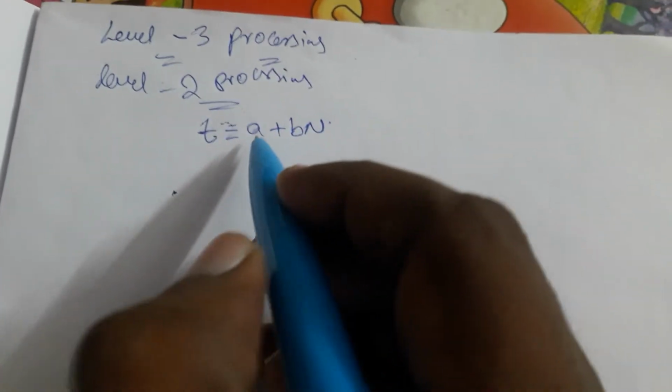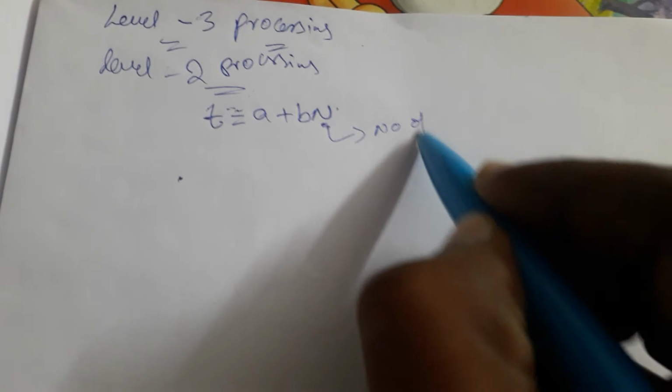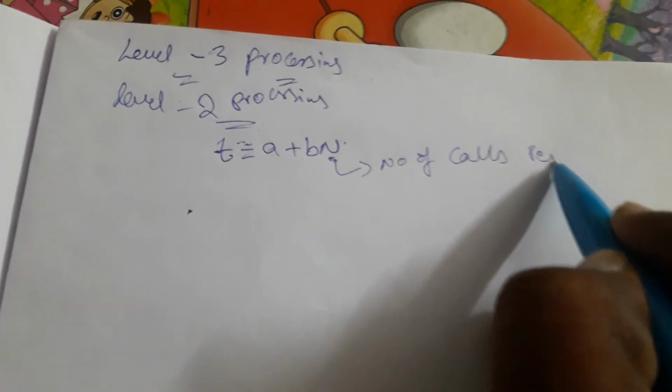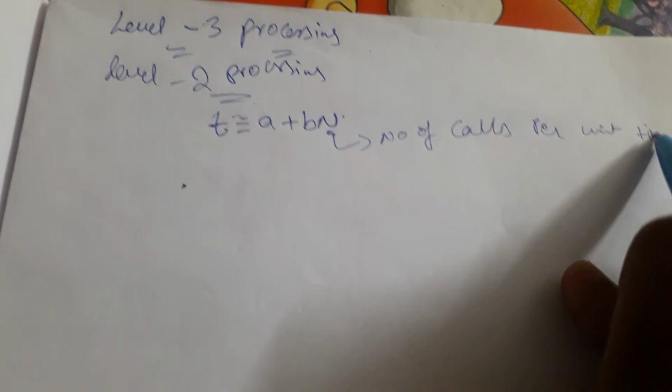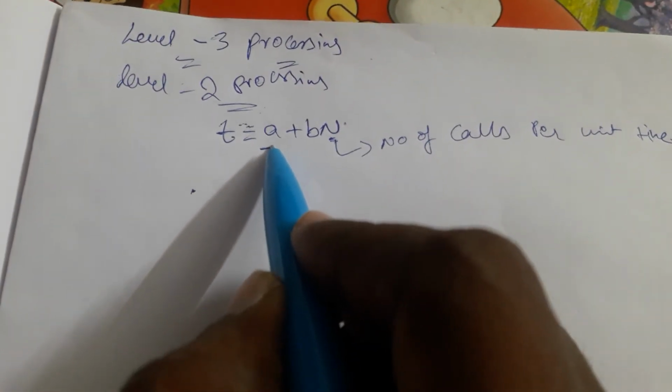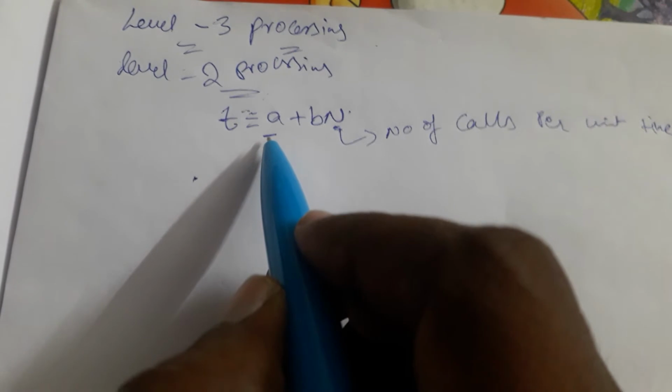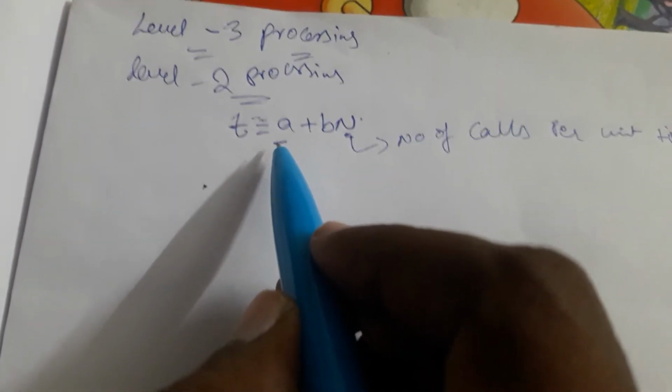The load on the switching processor is calculated by its occupancy t, expressed as a fraction of unit time for which the processor is occupied. t equals a plus b n, where n is the number of calls per unit time, and a is the fixed overhead depending upon the exchange configuration and capacity.